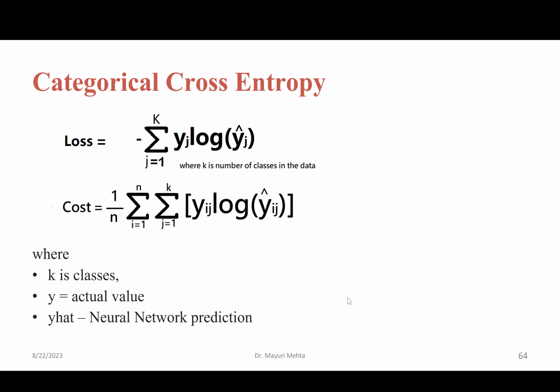The next difference is that loss function can be specific to individual samples, because we find the difference between predicted value and actual value, while cost function aggregates the loss values of individual samples over the entire training set.